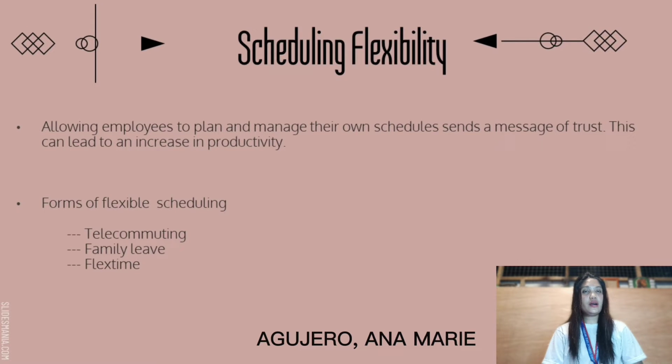Another definition of scheduling flexibility is allowing employees to create, plan, and manage their own schedules, which sends a message of trust. This can lead to an increase in productivity. Forms of flexible scheduling. First, we have telecommuting, family leave, and flex time.